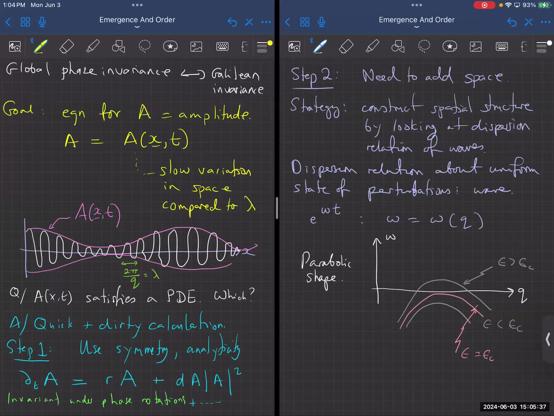So that means that we can say that omega looks like this: it's equal to some constant, and then it goes like minus something like Q minus QC squared, where QC is this value, with some number in here, and then higher order terms. So that's what the dispersion relation must look like near threshold. The linear dispersion relation, as we saw last time, has to look something like this.